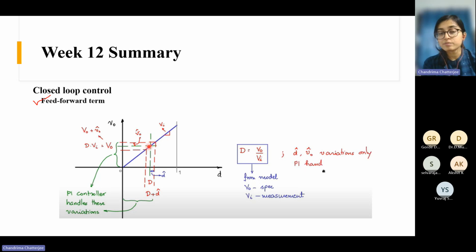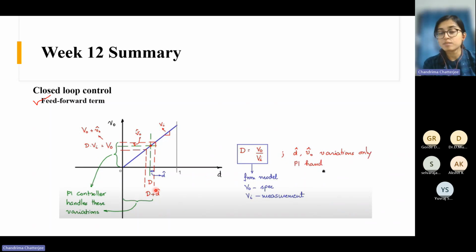It can be lesser than that, it can be higher than that, and based on this perturbation, there will be some change in output voltage, and accordingly there will be some change in duty, right? If there is some change in the output voltage, you will have to control the duty so that it again comes back to its previous state.